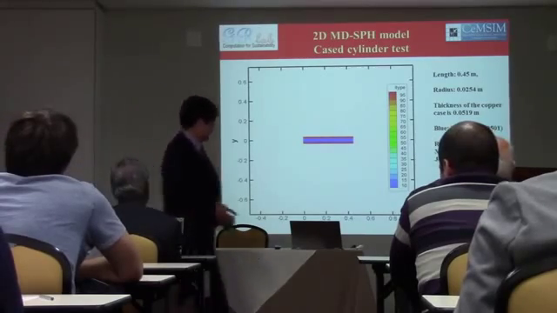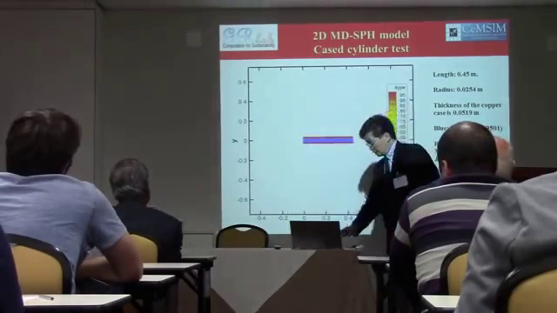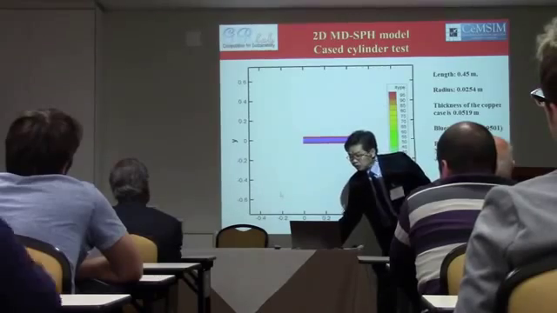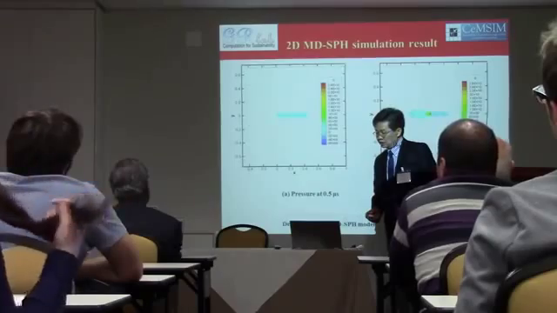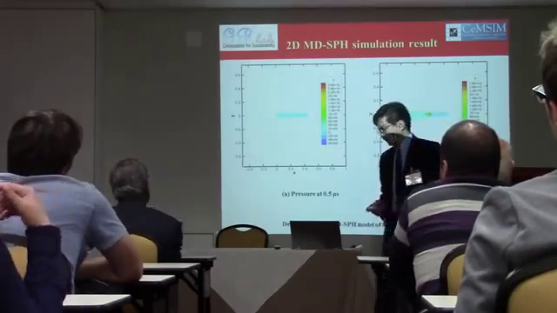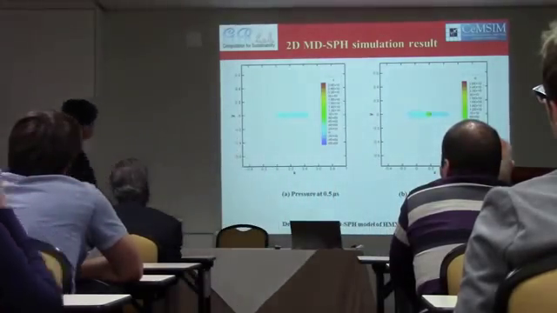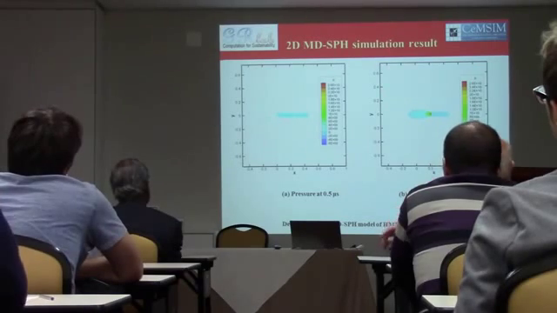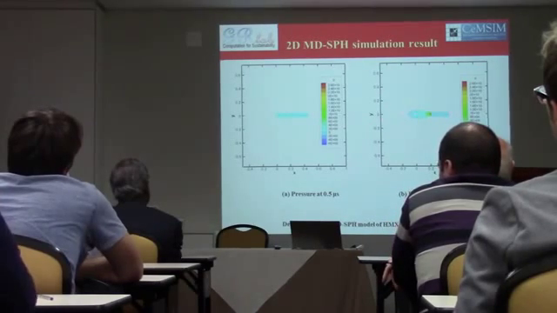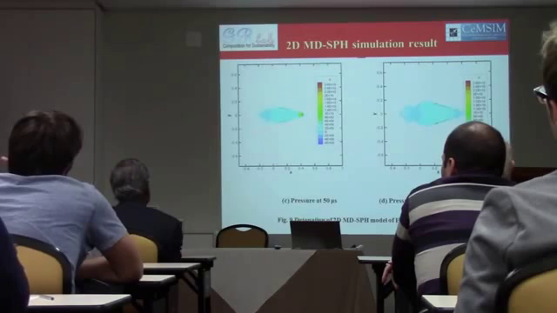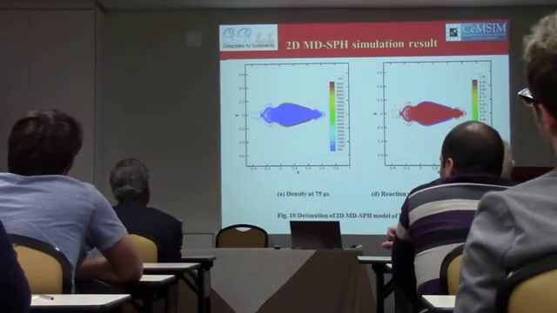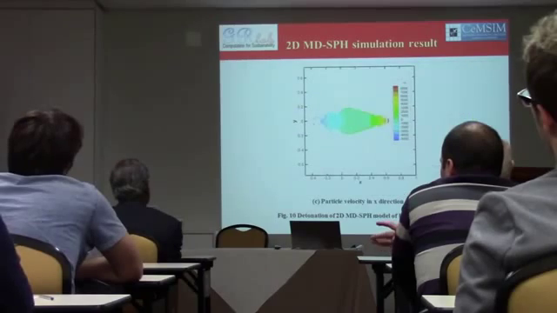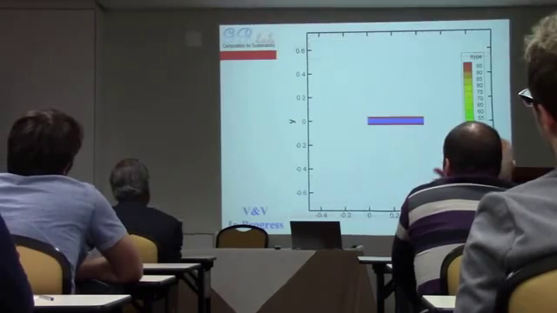So we just carry on with the simulation, and this is supposed to be an animation. This is the initial stage, and the detonation goes on and on. This is the final stage.